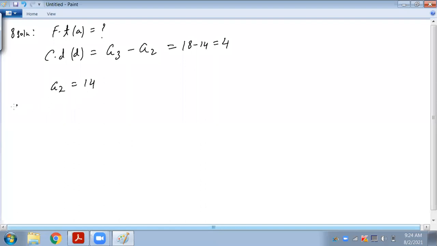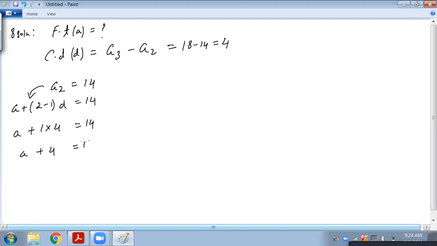We can take A2, which is 14, and apply the term formula: A plus (n minus 1) D equals 14. For A2, instead of n we can take 2 minus 1, times D. So A plus 1 into D, and D we got is 4.